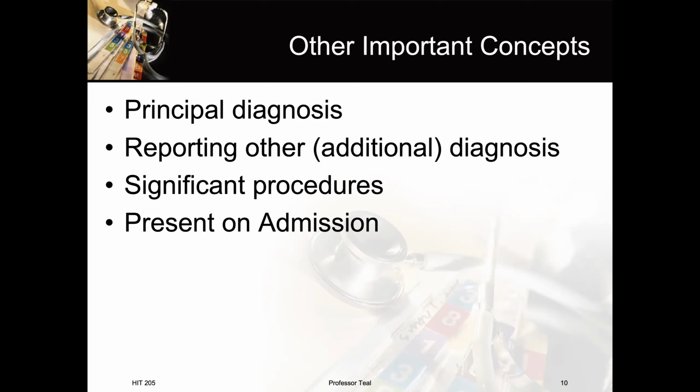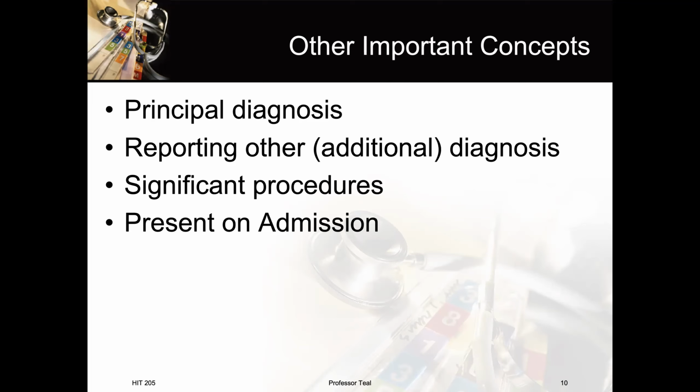All significant procedures are also to be reported. So remember, for inpatients, when we talk about the procedures, we're talking about ICD-10-PCS codes. UHDDS defines significant procedures as those that are surgical in nature, carry a procedural risk, carry an anesthetic risk, or require specialized training.